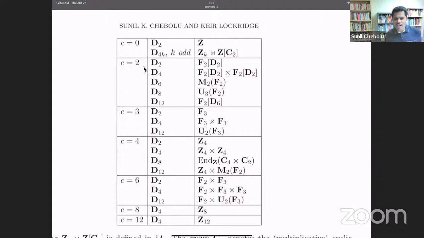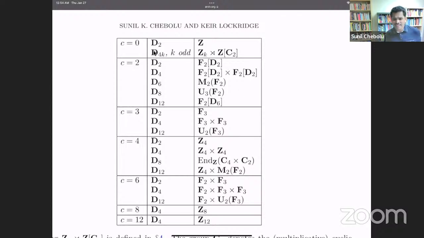In each characteristic, we give you the list of dihedral groups which occur in that characteristic. And in the third column, we give an example of a ring whose unit group is that corresponding group. So it would be an enlightening exercise for students to take this column and compute all these unit groups and see that you get these rings.